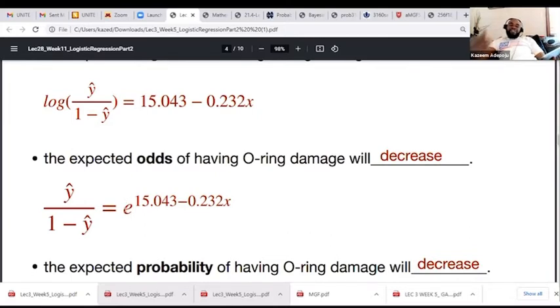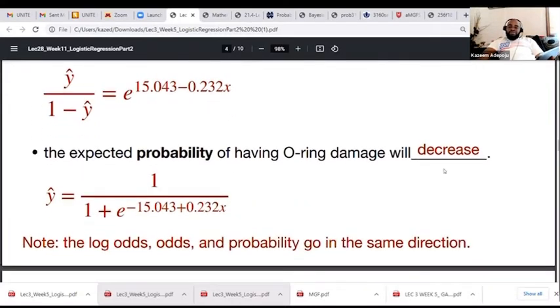So the exponentiation of the log odds will give you the odds. I'm going to say that again. The exponentiation of the log odds will give you the odds. This odds will also decrease. And not only that, the probability will also move in the same direction.